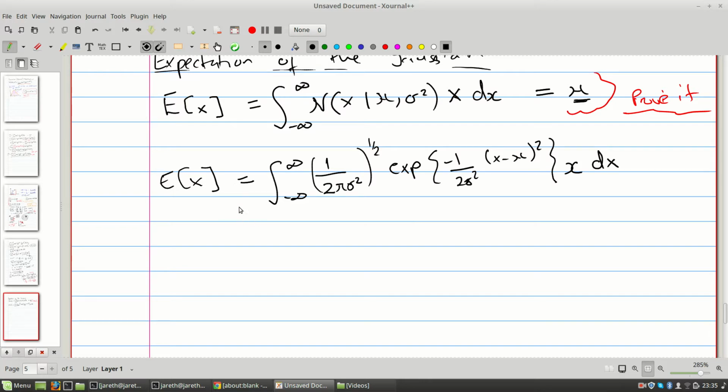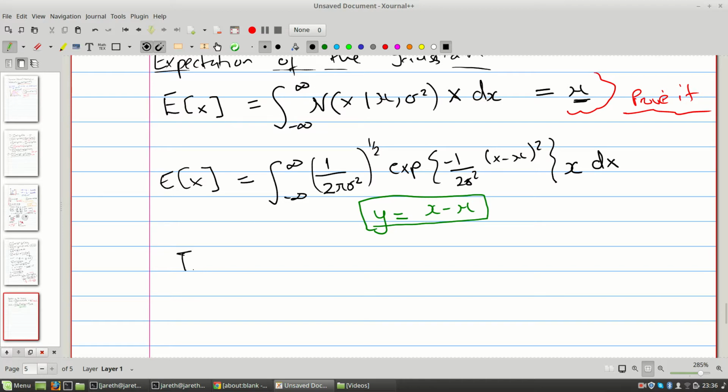So what we can do is make a substitution here. Let's say y is equal to x minus mu. This is the substitution we're going to make. Now let's rewrite this formula.